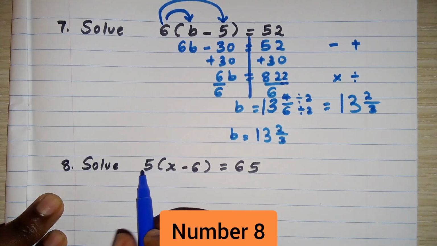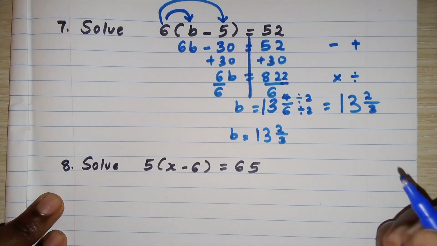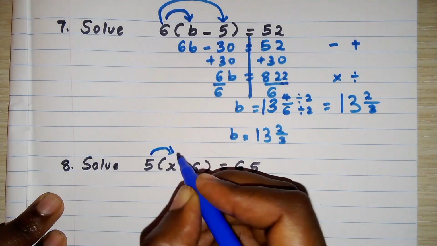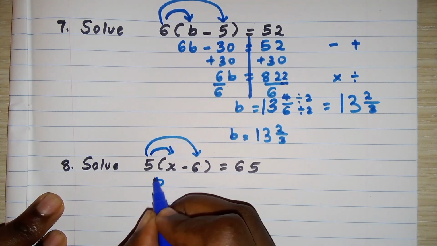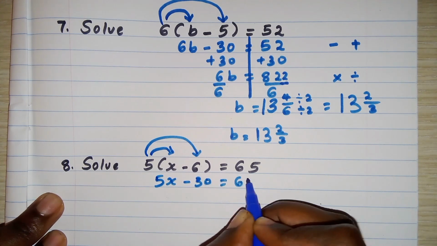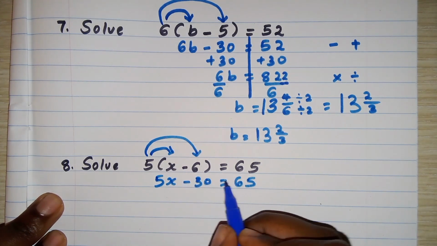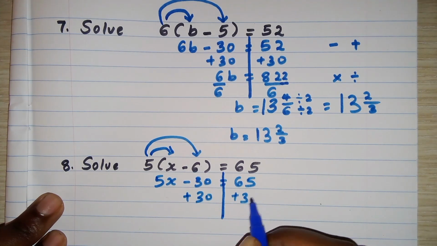Number 8. Solve 5 into bracket x minus 6 equals 65. So open the bracket, 5 times x and 5 times 6. 5 times x is 5x minus 5 times 6 is 30 equals 65. Opposite of minus is plus, so we add 30 on both sides.